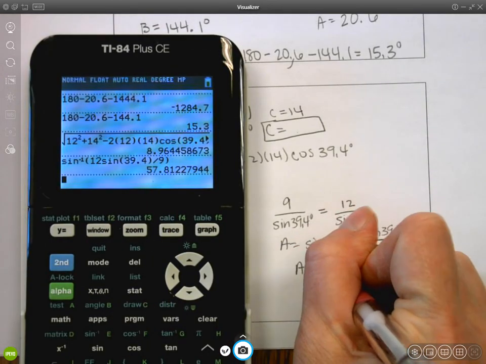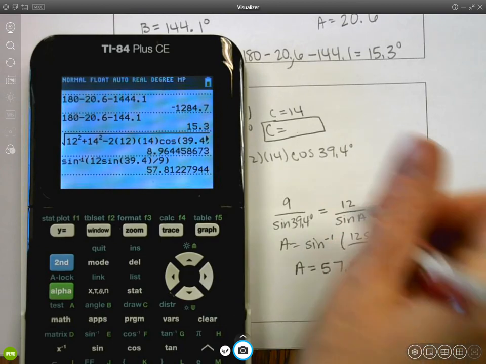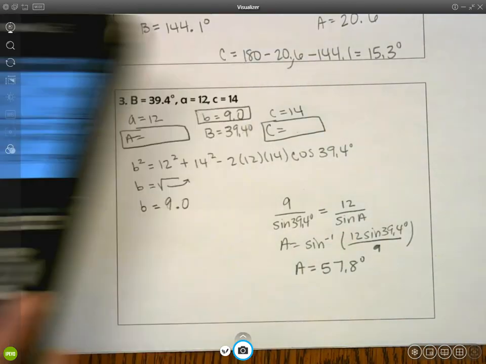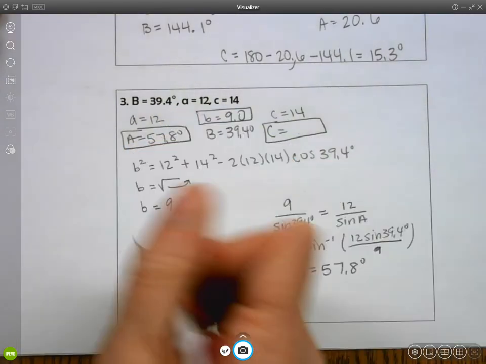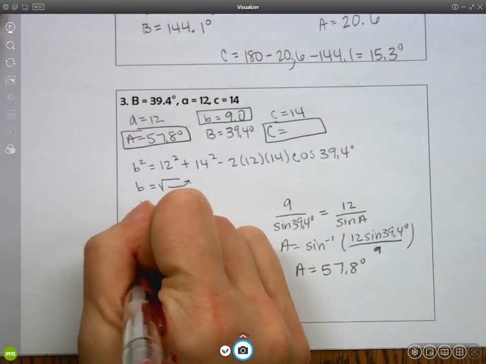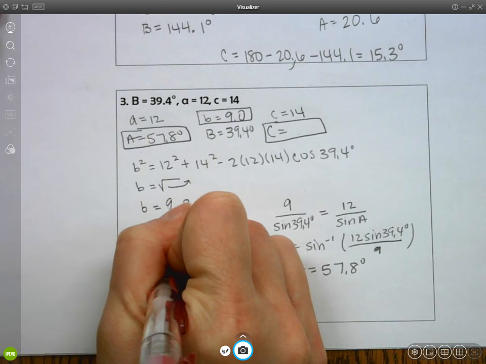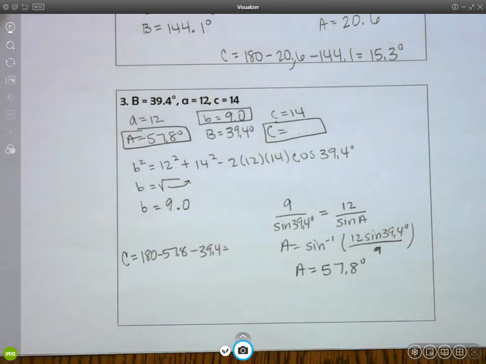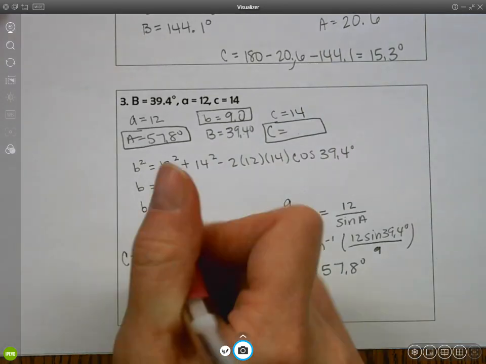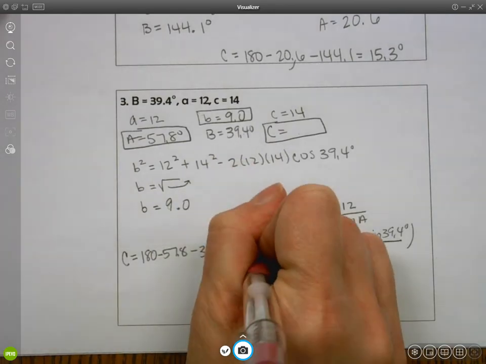Nope, that's not 58. It's 57.8 for angle A. Alright, and then to find angle C, we can do 180 minus 57.8 minus 39.4. And we get 82.8.